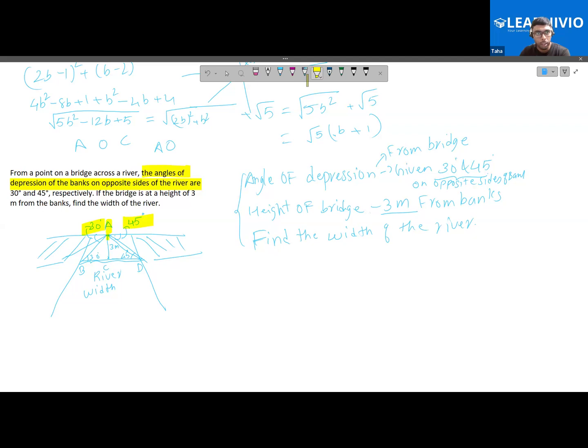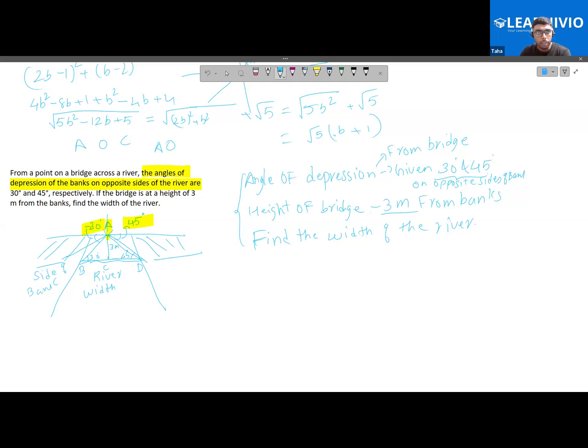When you're standing over here on point A and looking from this particular point, on one side the angle of depression to this bank is 30, and on the other side it's 45. The bridge height is 3 meters from the banks. Find the width of the river.